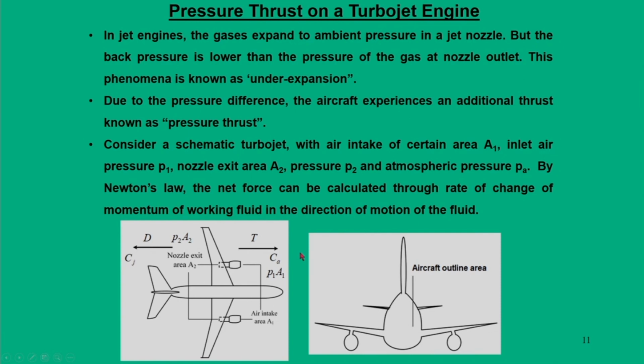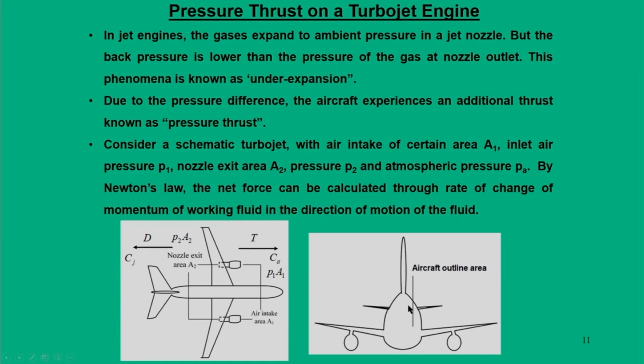When the aircraft is cruising, the total thrust that acts is equal to the drag, because they have to balance, so that it will keep the aircraft always in moving conditions. In another view, the frontal view, you can see the outline area, and this particular area we call the aircraft outline area.